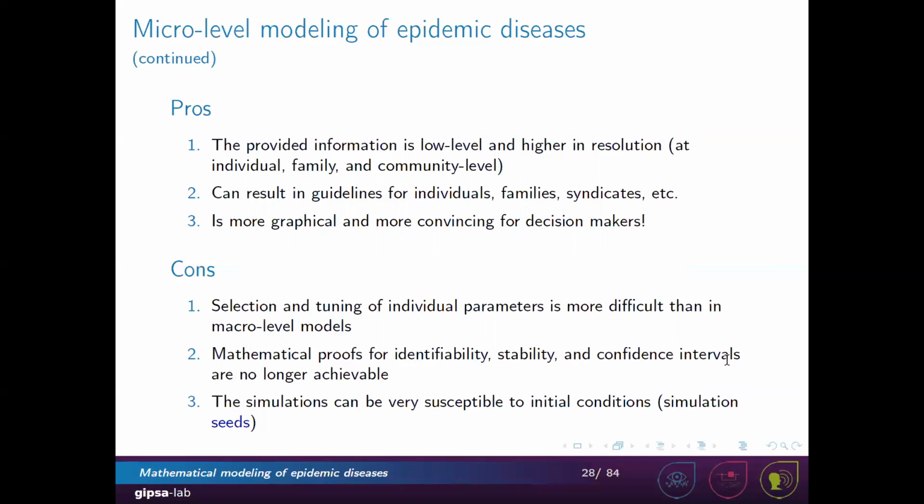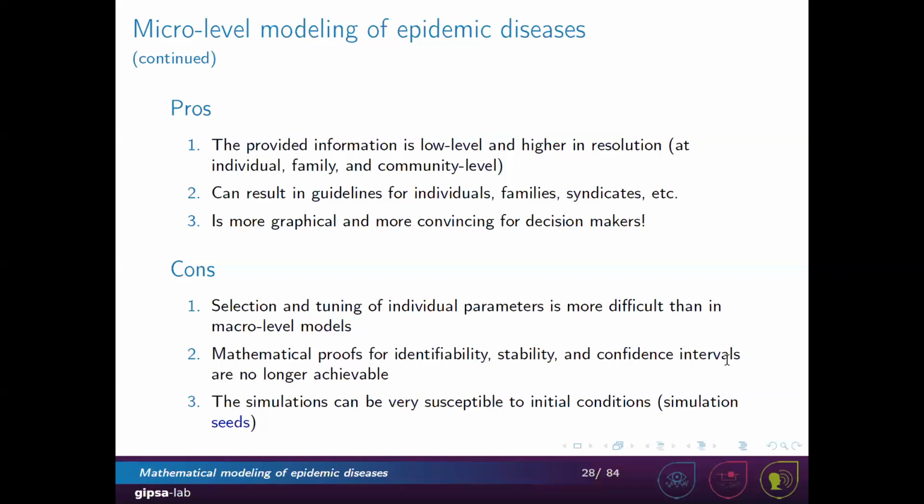Of course, we can run multiple simulations in a Monte Carlo simulation manner and see whether we can find any confidence intervals for the group of population that we are studying. But we don't have the mathematical proofs that we can obtain from the first method.